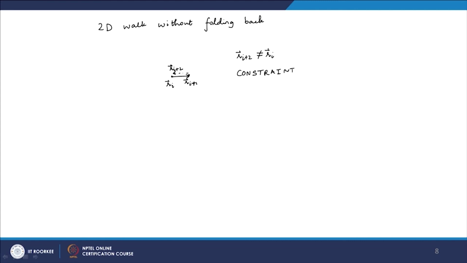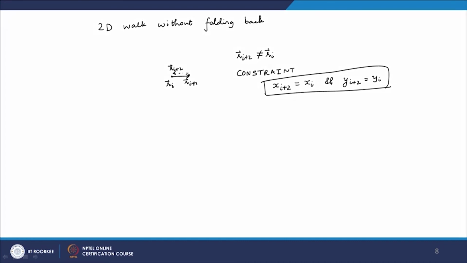We can generate in the same way, but now with a constraint that we will not allow x_{i+2} equal to x_i and y_{i+2} equal to y_i, so this is like the AND operator.